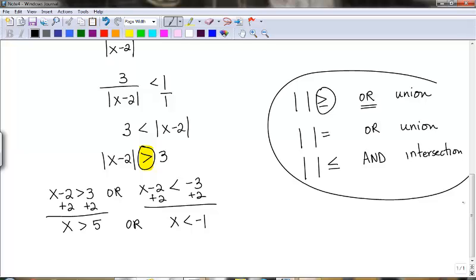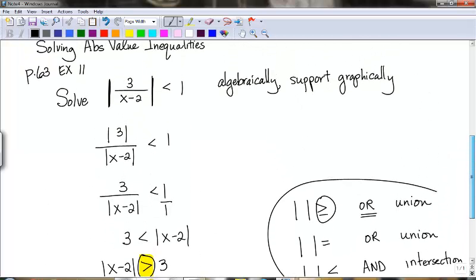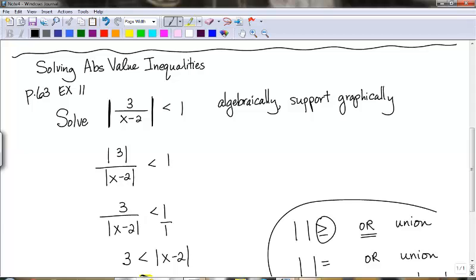There are two ways to graph this. One way is to graph this in y sub 1. So let's graph the absolute value. You have to go to the math key, right arrow over to number, absolute value of 3 divided by, and then you really have to concentrate on parentheses, because the author's not going to tell you.